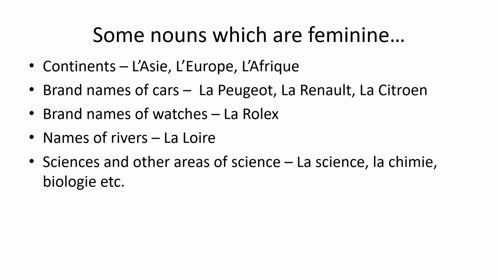So, une montre, the watch itself is feminine, so the brand names for the watches take la, so they're all feminine. So, la Rolex, par exemple. Names of rivers, la Loire. And then the names of sciences, la science, la chimie, la biologie, la psychologie, all feminine as well.